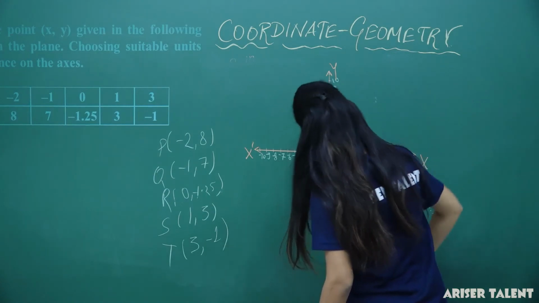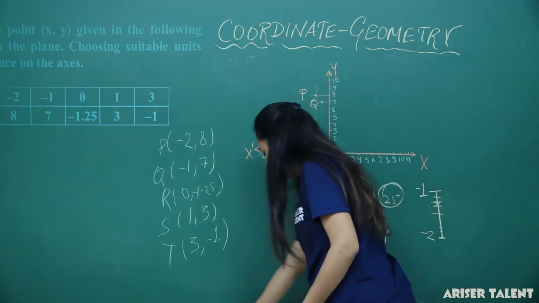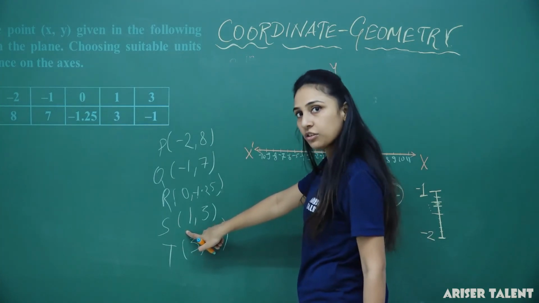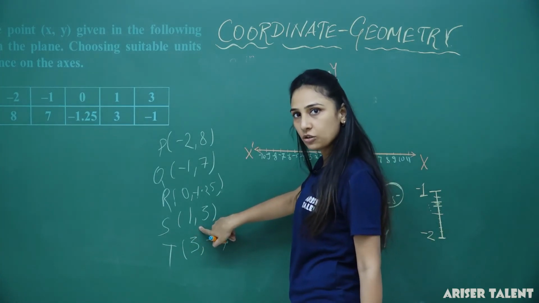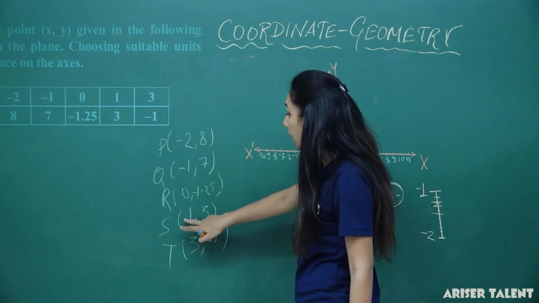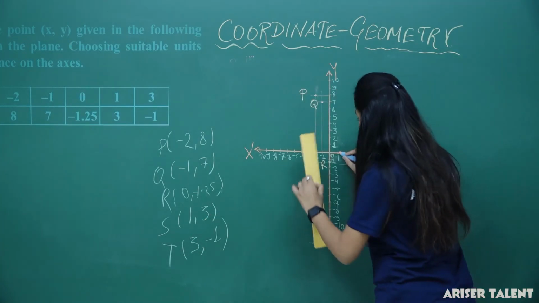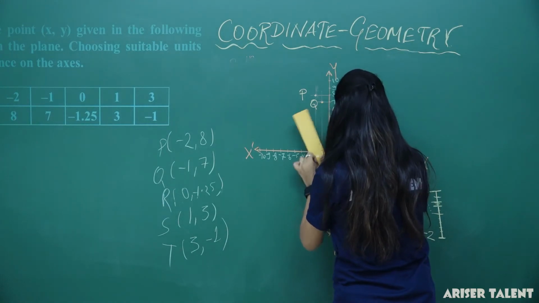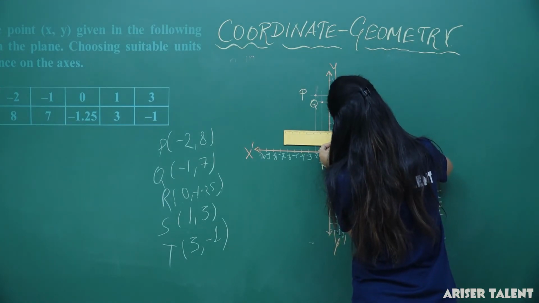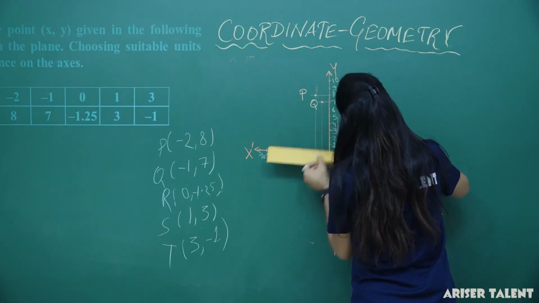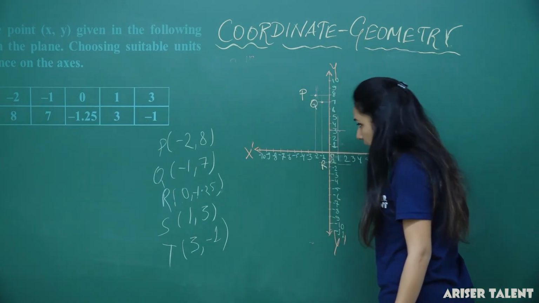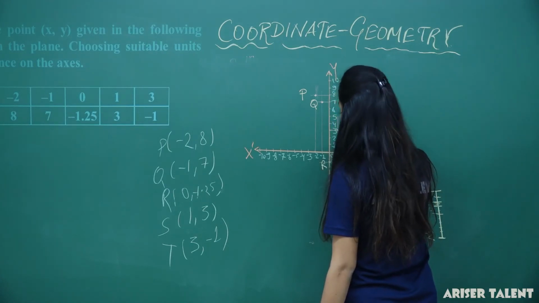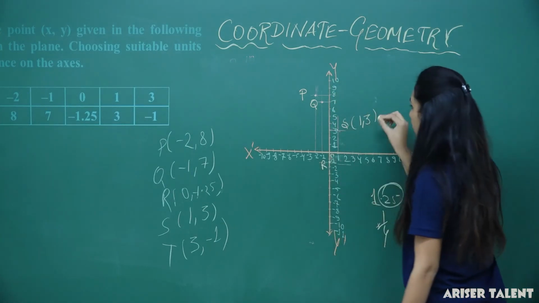So where will 1, 3 be? Both are positive, that means the first quadrant. So that will be lying in the first quadrant. 1 on the x-axis and 3 on the y-axis. So that will be here. S will be 1 comma 3 here.